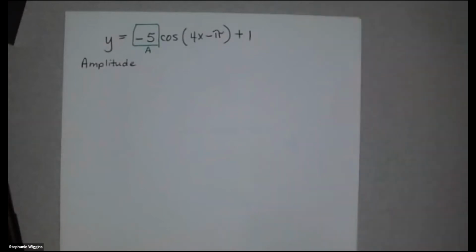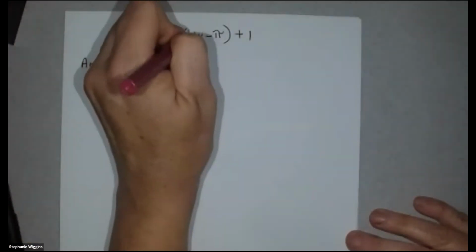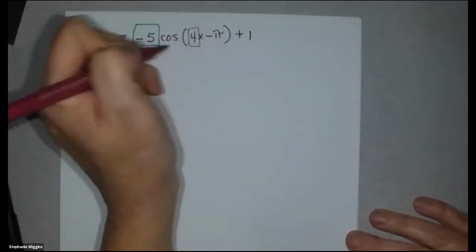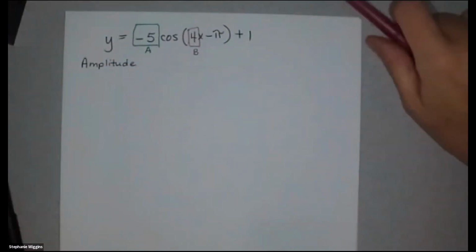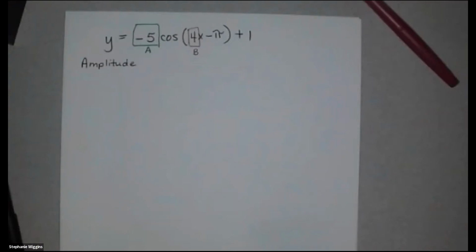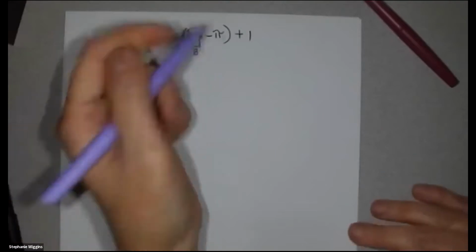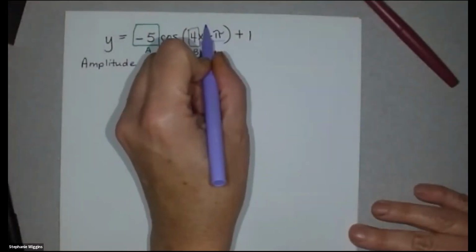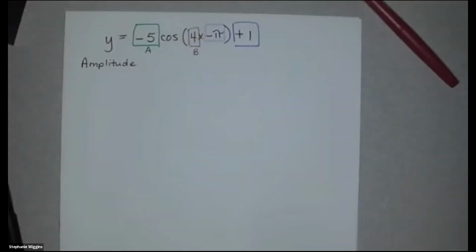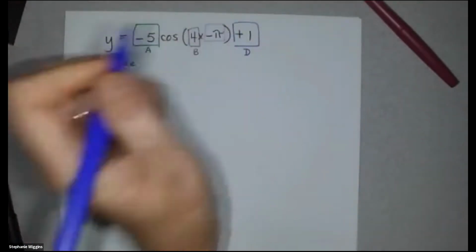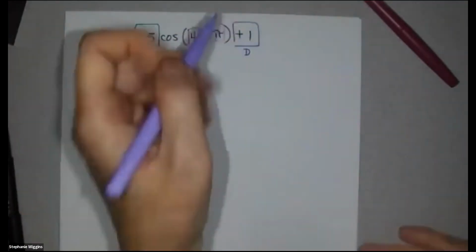And this is our B value. There's C. And finally, there's D. I hope you can see that.